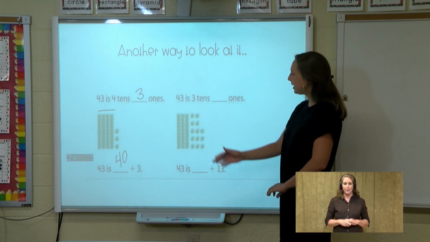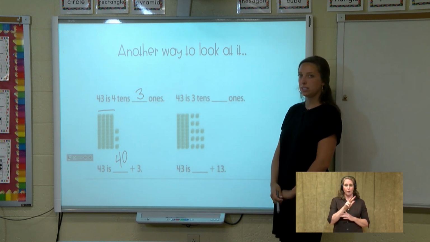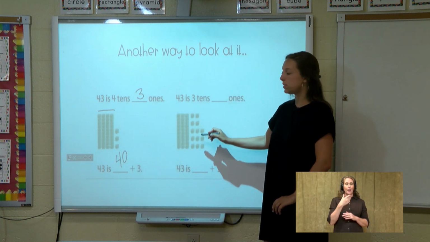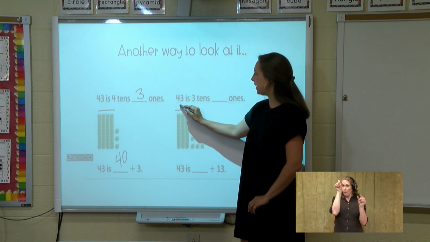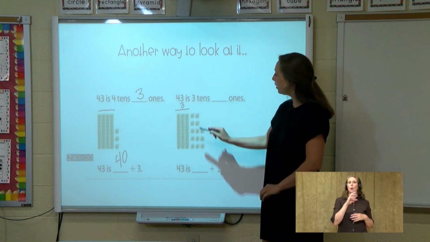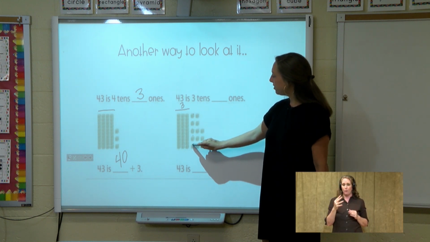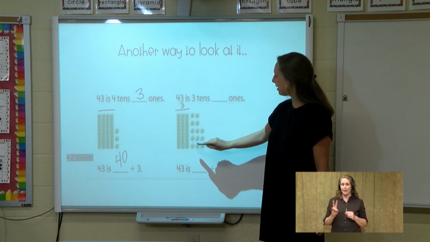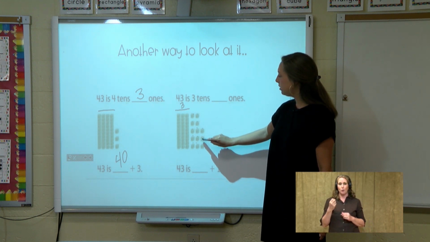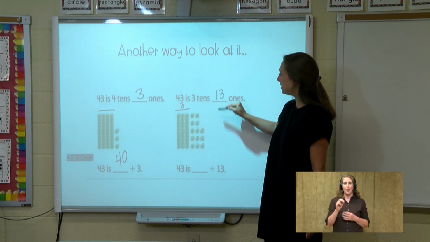All right, looking at this one, 43 is 3 tens. So they took a 10 and broke it up into cubes. So they're saying the 3 tens and how many ones? Well, let's count. 1, 2, 3, 4, 5, 6, 7, 8, 9, 10, 11, 12, 13. 13 ones.